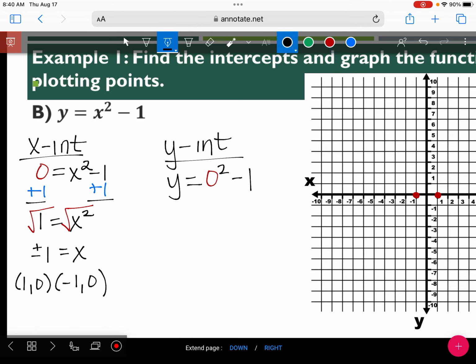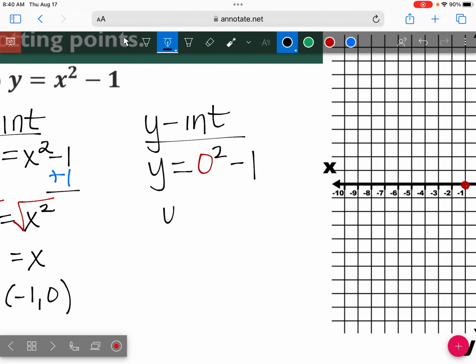Go ahead and figure out what that is. 0 squared minus 1. Y has a power of 1, so there's only 1 y-intercept. Y equals -1, which means you have a y-intercept at (0, -1).